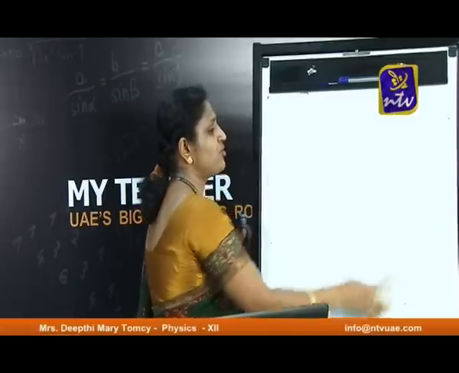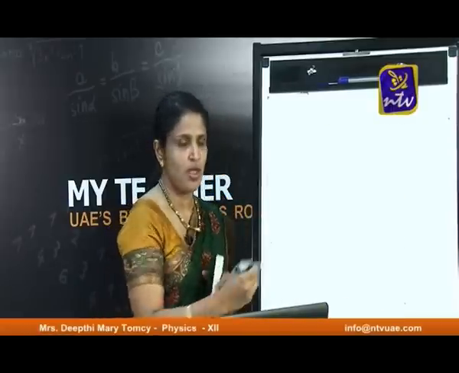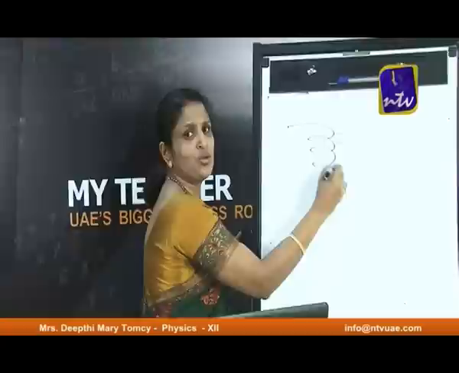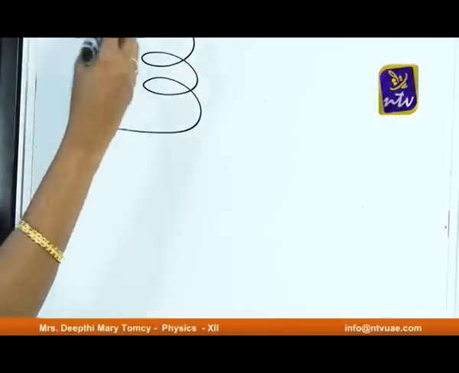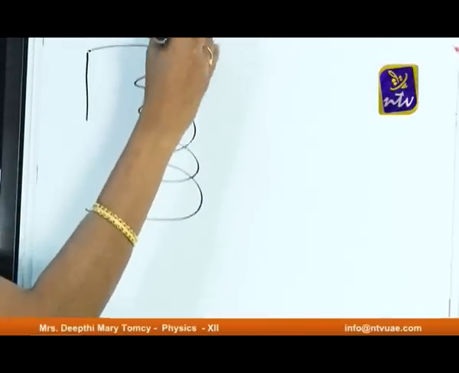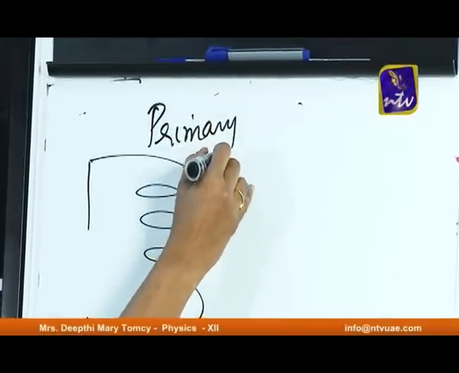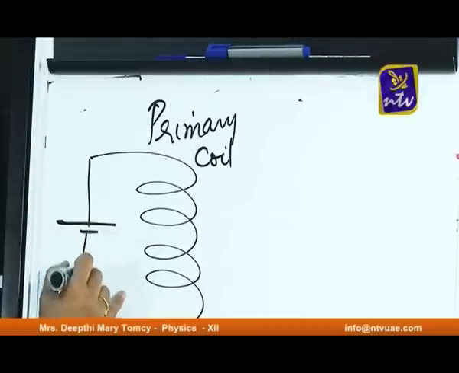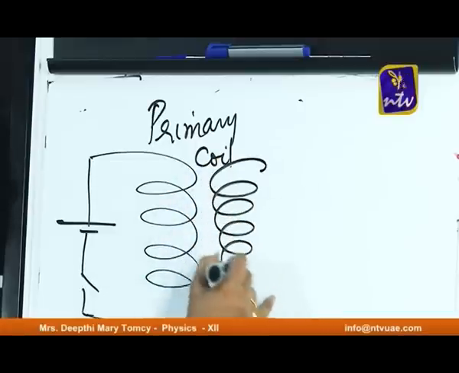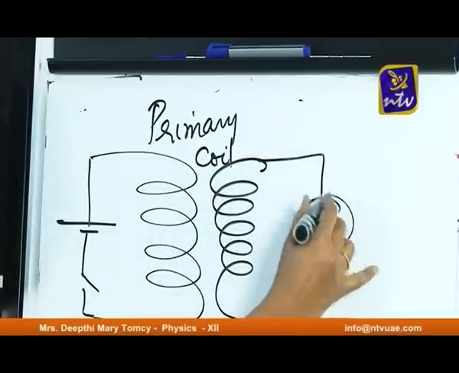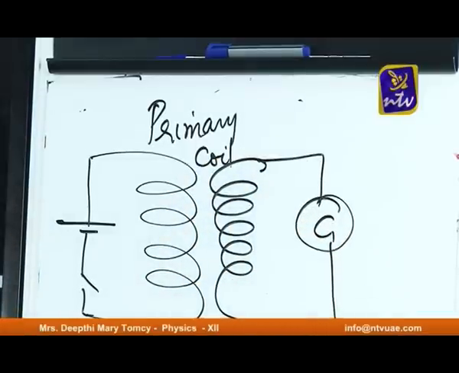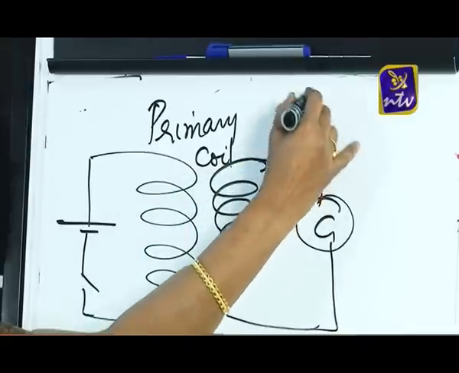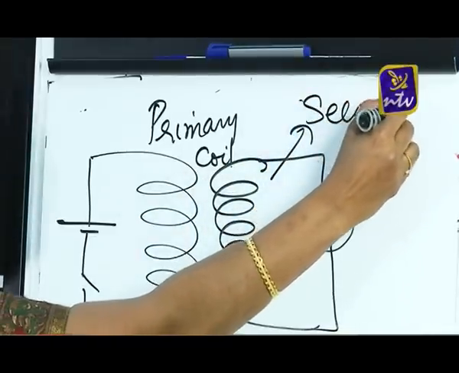Now we can also see another example where you are using two coils. The first coil, I am naming it the primary coil, through which I am going to send a current, and the second coil, where I am going to connect a galvanometer, I am going to name as the secondary coil.